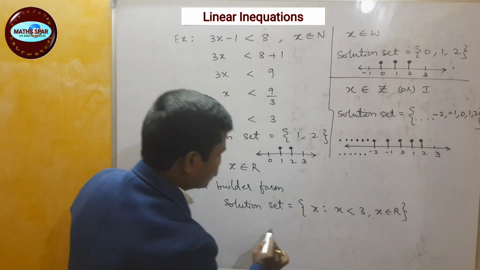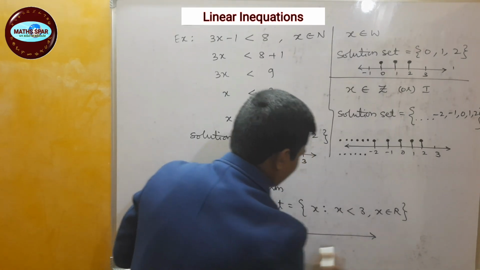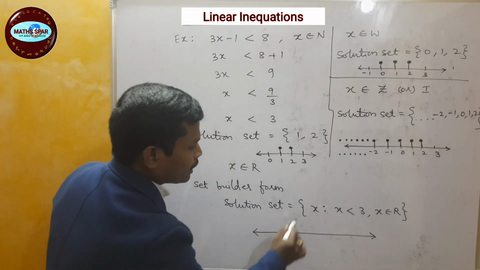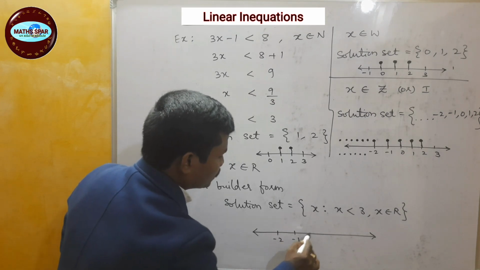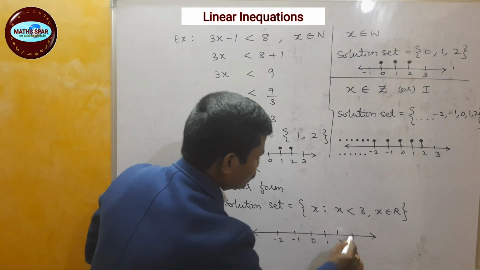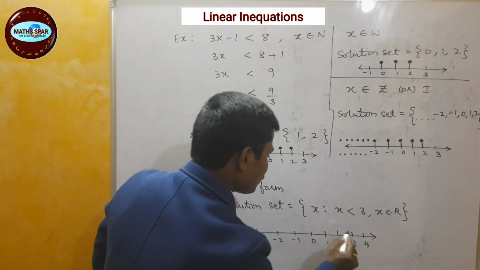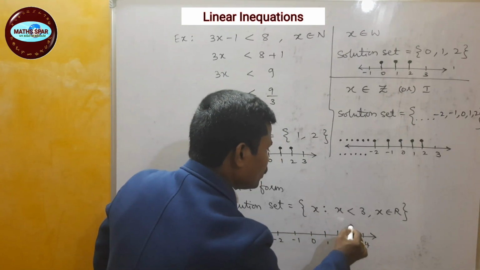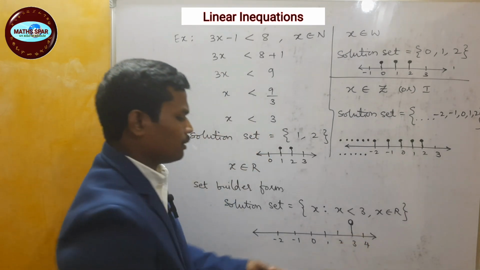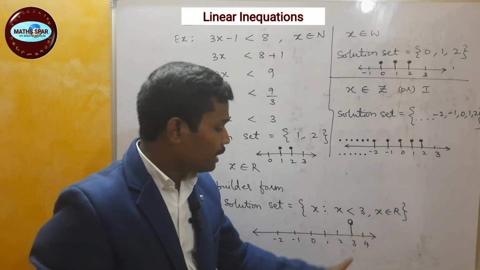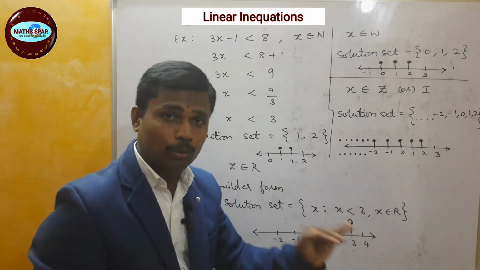Then for this one, how do we do it? Here -2, -1, 0, 1, 2, 3, 4. Then at 3 you will mark a hollow dot. This hollow dot represents that except this 3, means this 3 is not there in the solution.